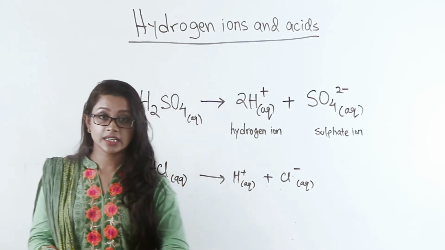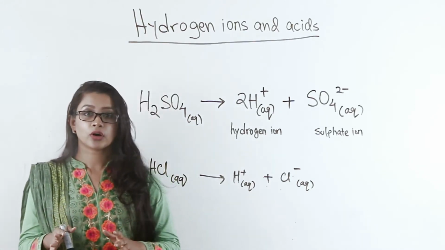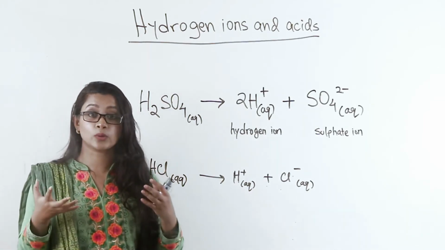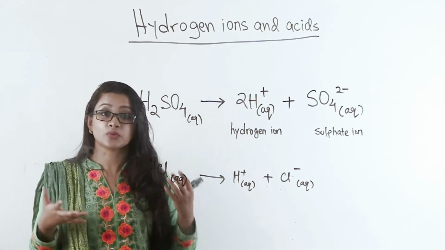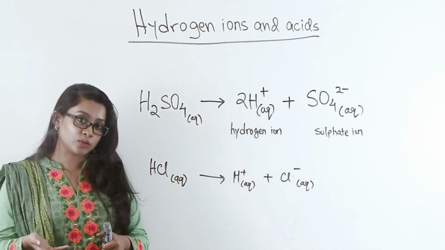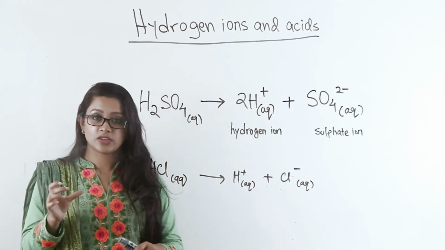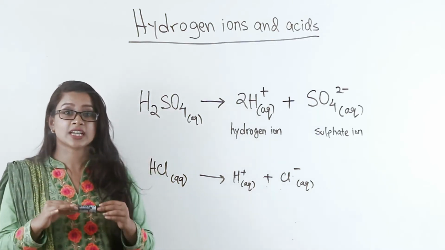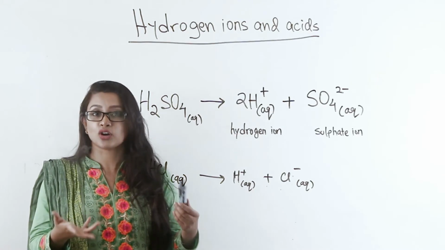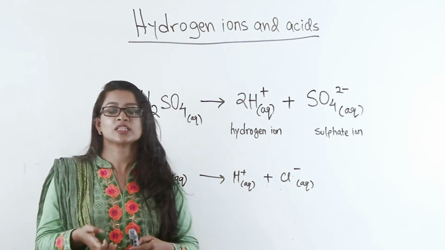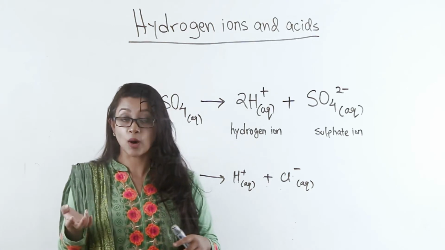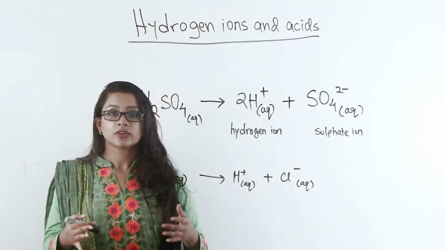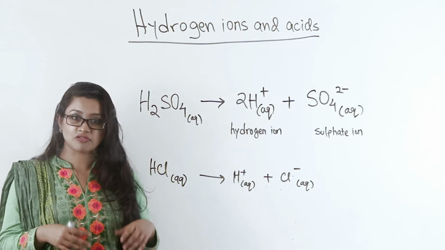When we are talking about an acid that has only one hydrogen ion that can be released when reacting with water, see, the number of hydrogen atoms present in the acid that are converted to hydrogen ions when dissolved in water decides whether it's a monobasic acid or a dibasic acid, and so on. So let me explain this via an example.